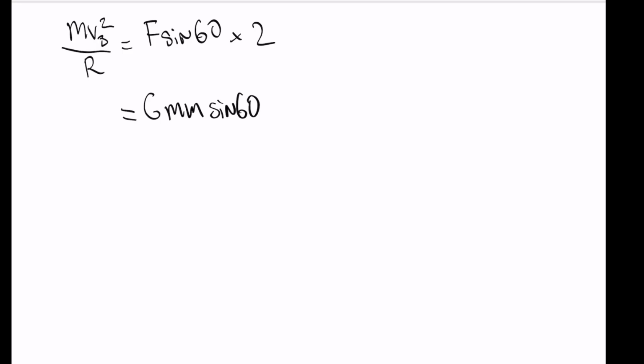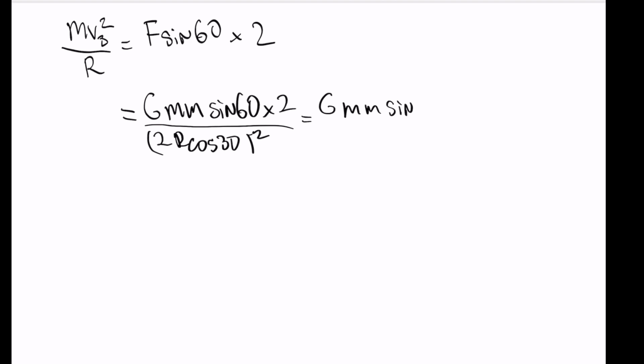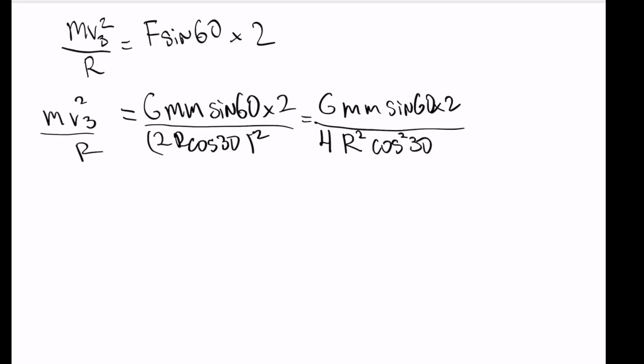Sine of 60 multiplied by 2, and then we're going to be dividing that by 2r cos of 30 degrees squared, like that. So this here is going to give me GMm sine of 60 multiplied by 2, divide that by 4r squared cosine squared of 30 degrees. Okay, we're ready to do some cancellations and work out an expression for v3.